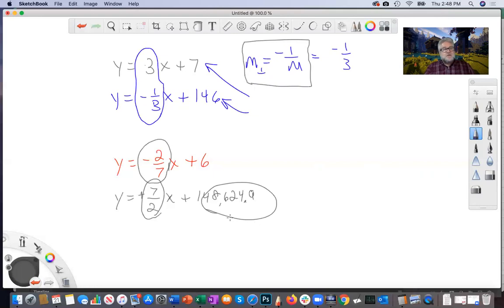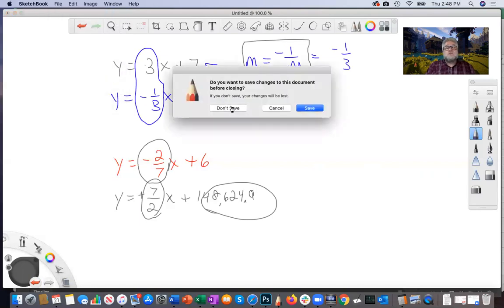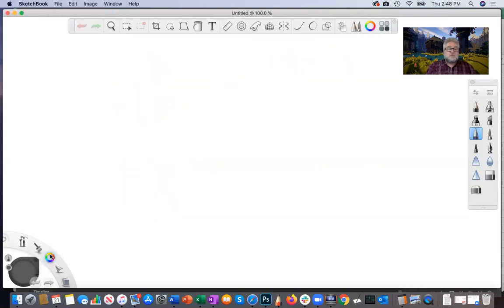Okay? You could start with this line and you're asked what's the perpendicular one to that. If you start with 7/2, you flip it to make it 2/7, you slap a negative sign on front, and now you've created a perpendicular line to it. Okay? So let's try a problem. This will be, I promise, so much fun. Okay.